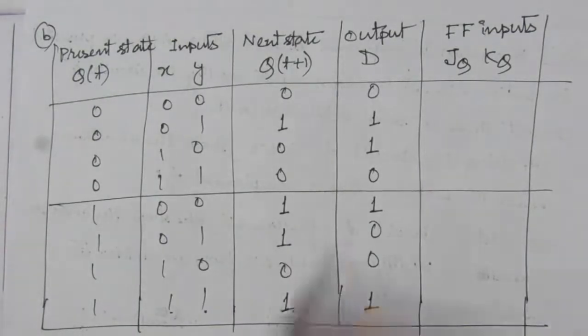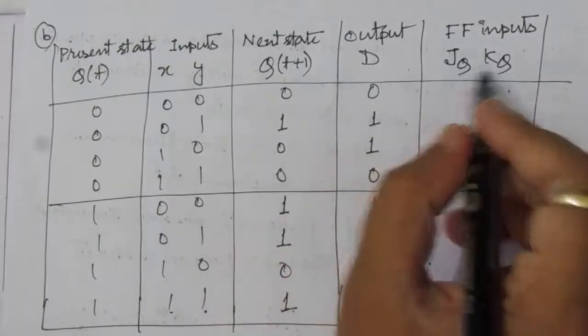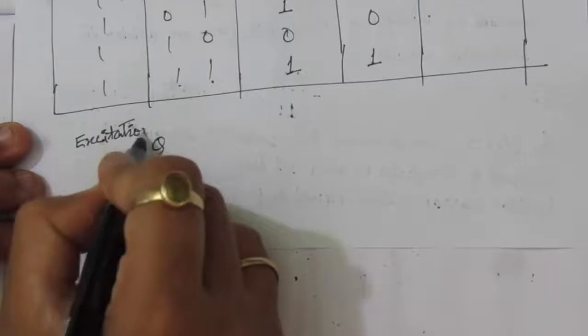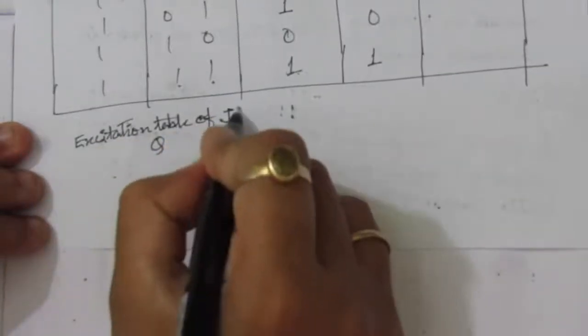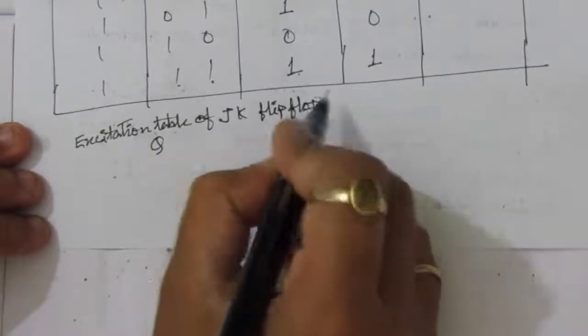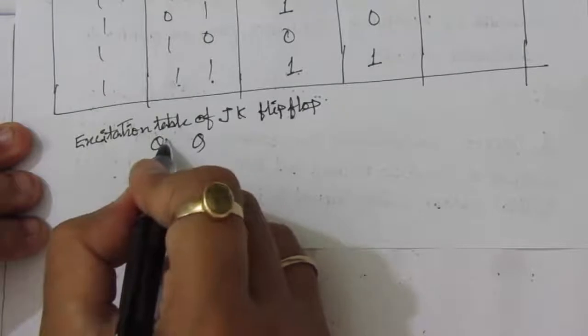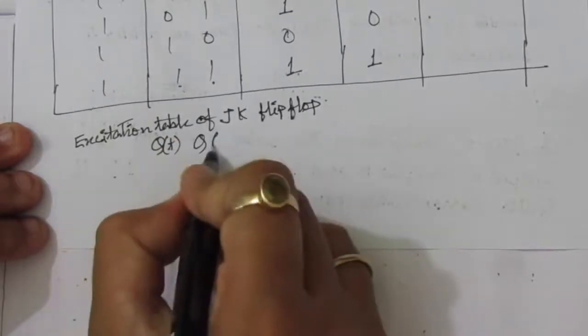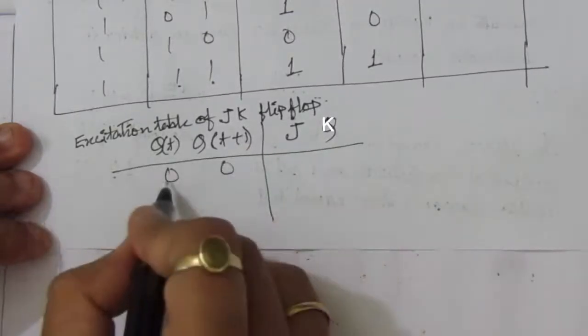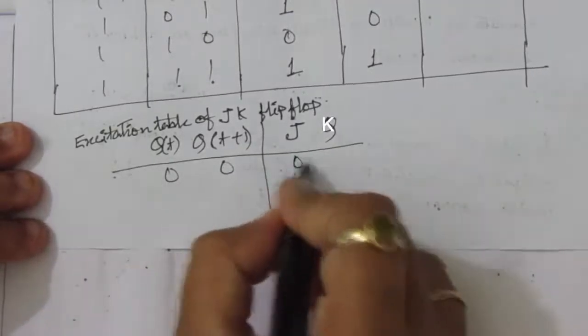Okay, so using the excitation table of JK flip-flop, we have to find out the J and K values. So we have to use this excitation table of JK flip-flop. Here Q(t) and Q(t+1) map to J and K. For 0 0, that is present state 0, next state 0, we have 0, don't care.